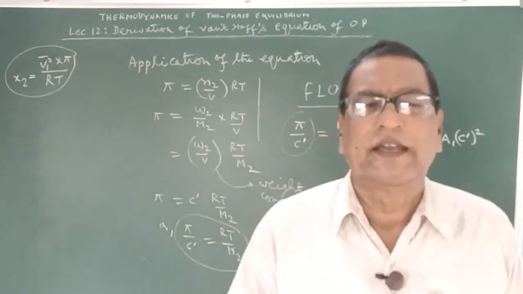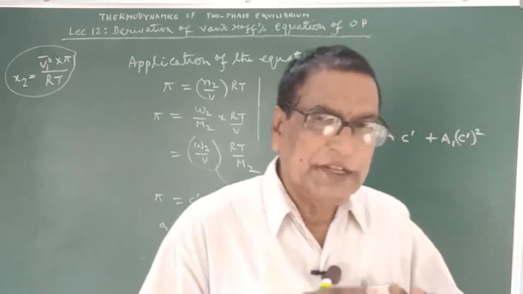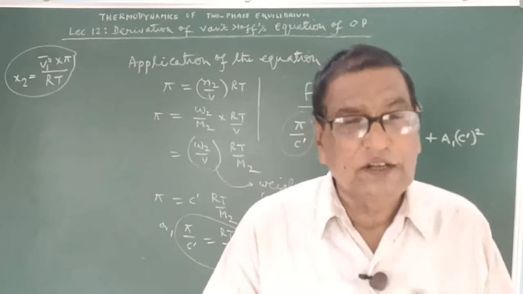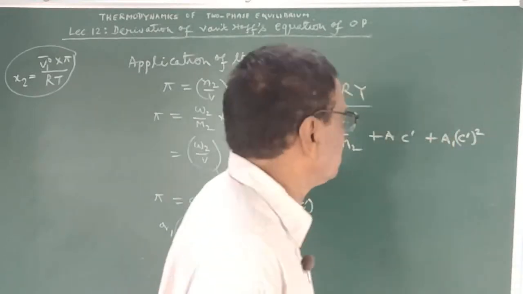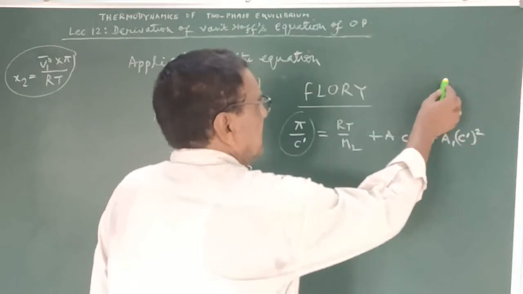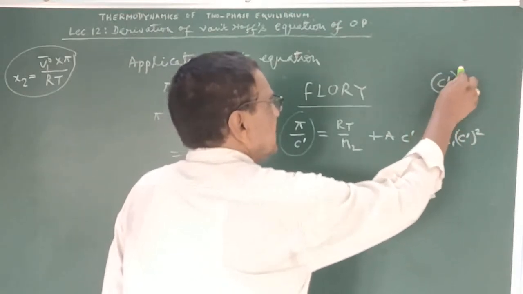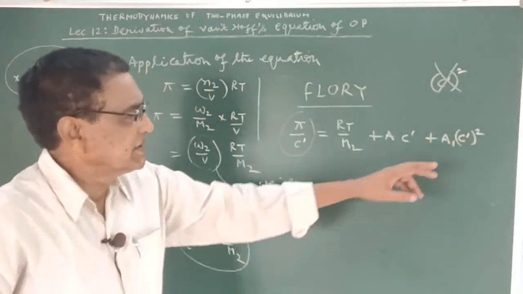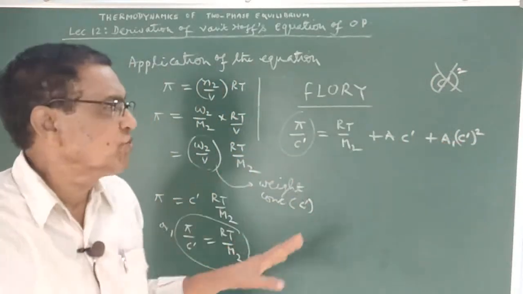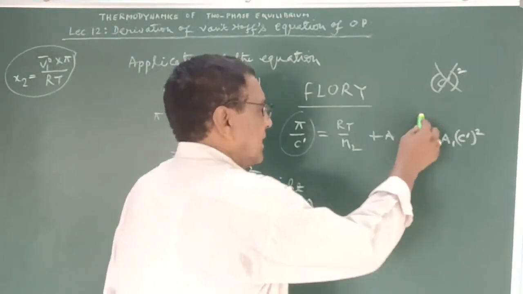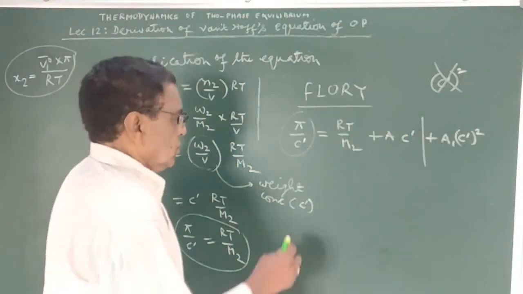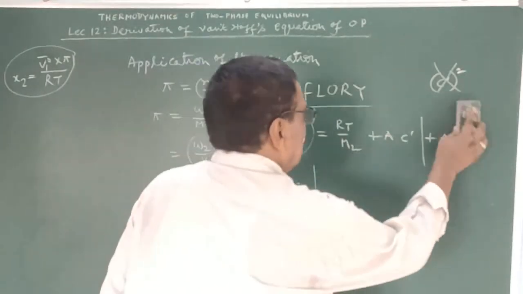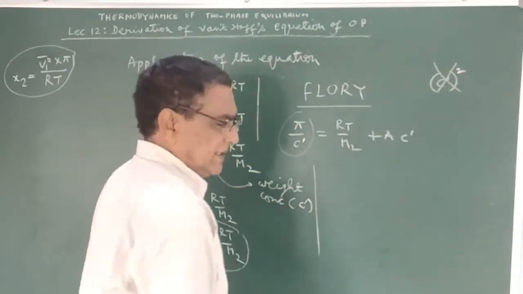If we take several polymer solutions in a good solvent at lower concentration, then the C dash square term can be neglected. Since C dash is very small in a dilute solution, we can cut off the square term, and this is the Flory equation.